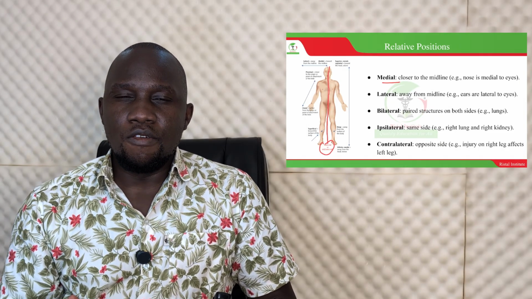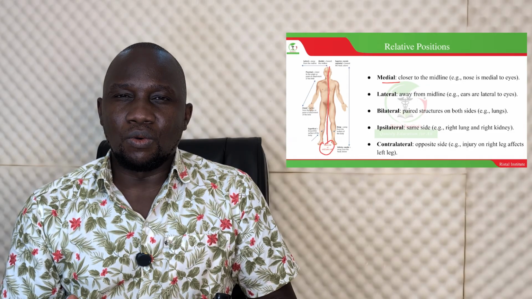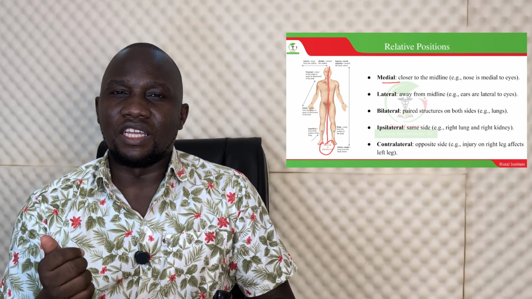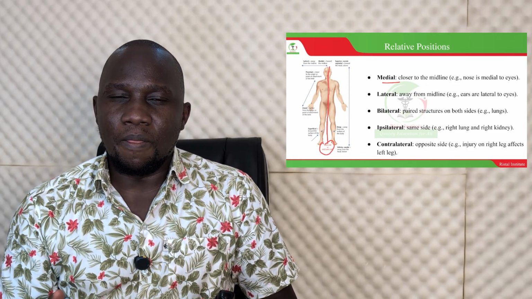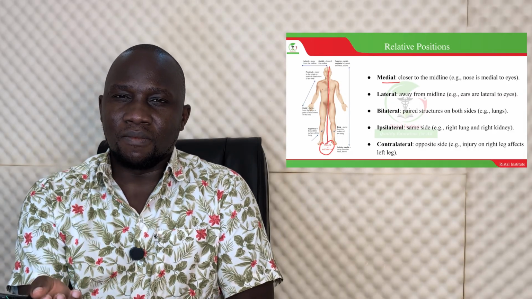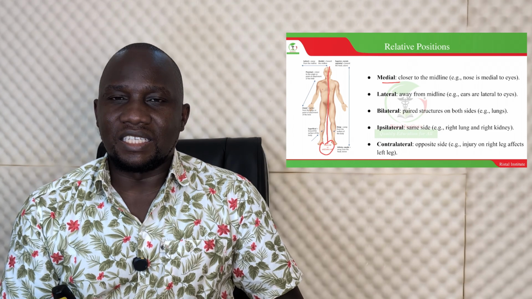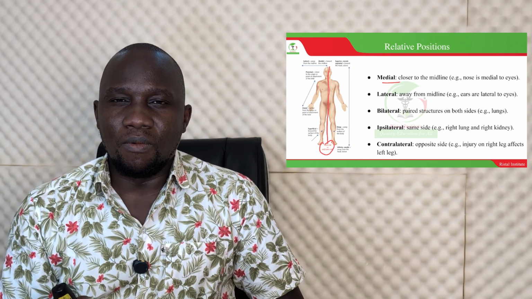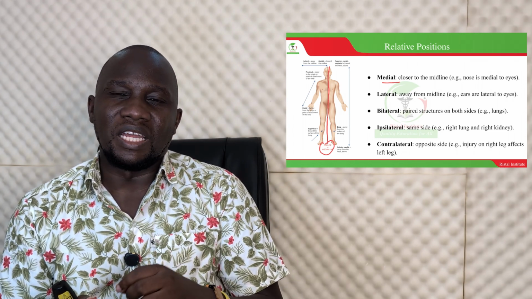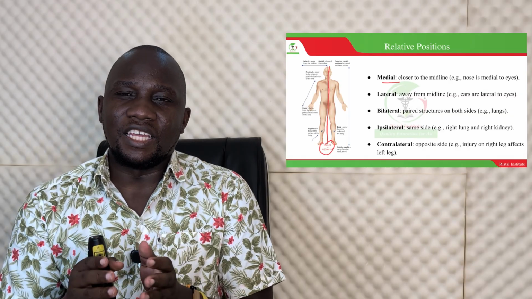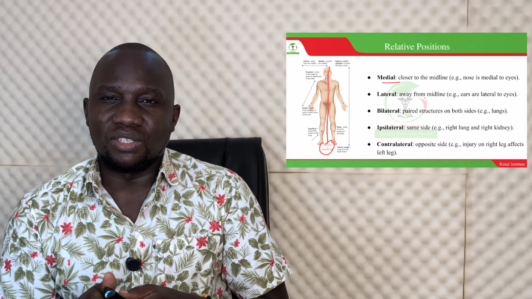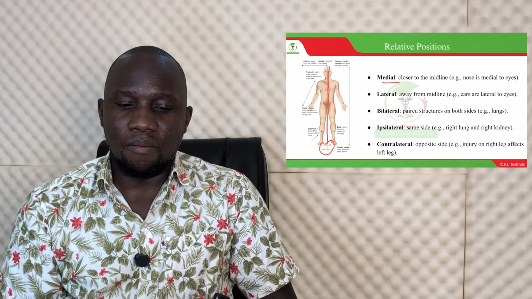So if we are saying that you have a problem in moving the joints, this joint here and also this joint, we can describe that as a bilateral joint problem, and then we specify the joint, meaning that both joints are actually affected if we say bilateral.